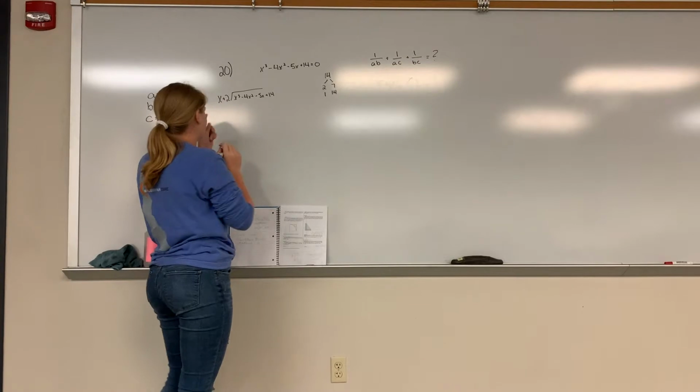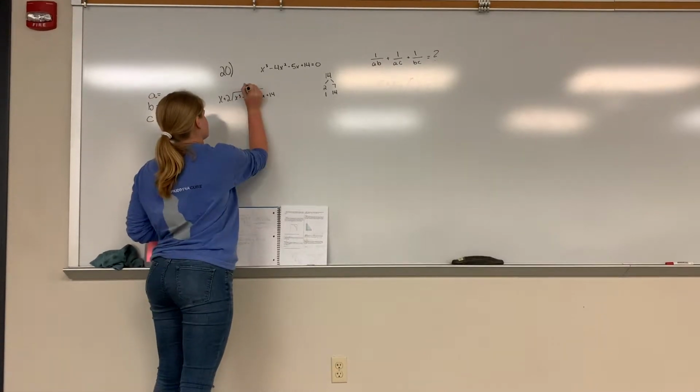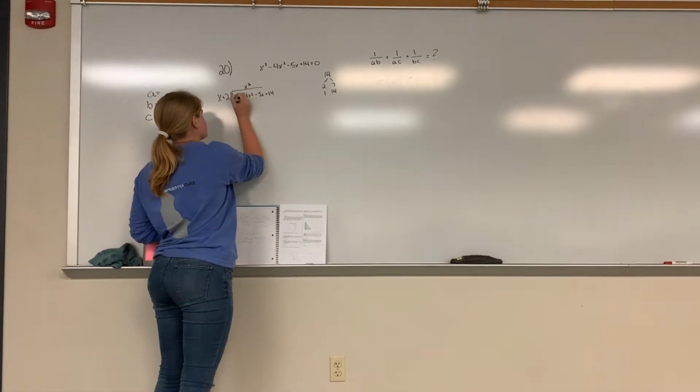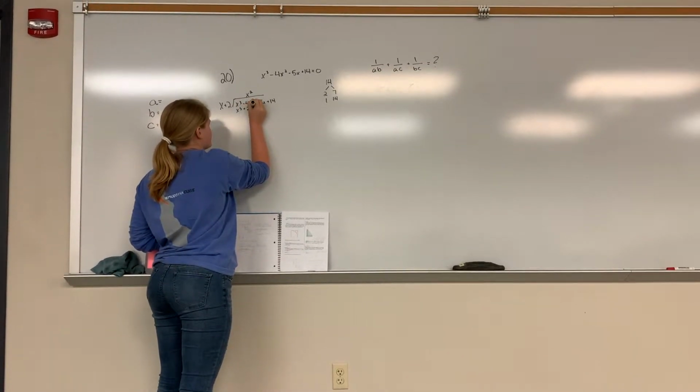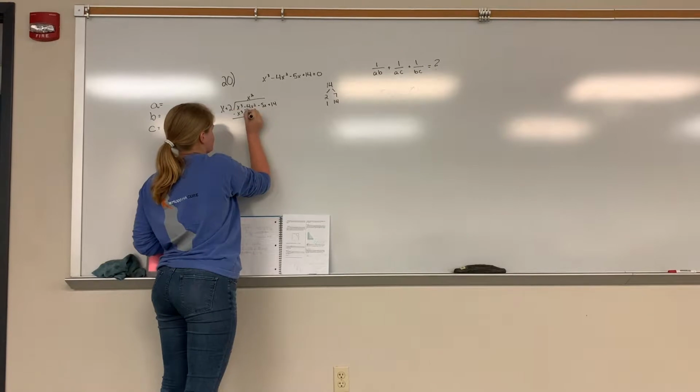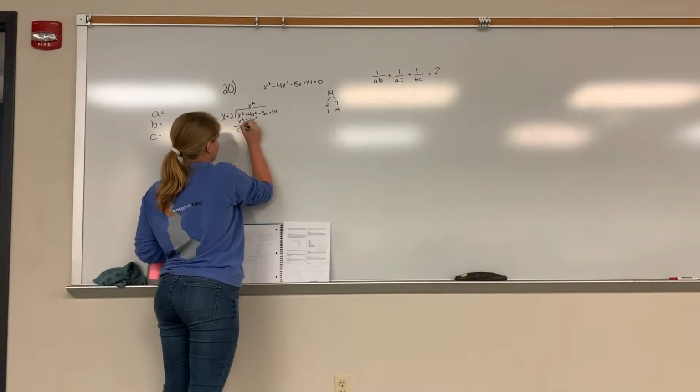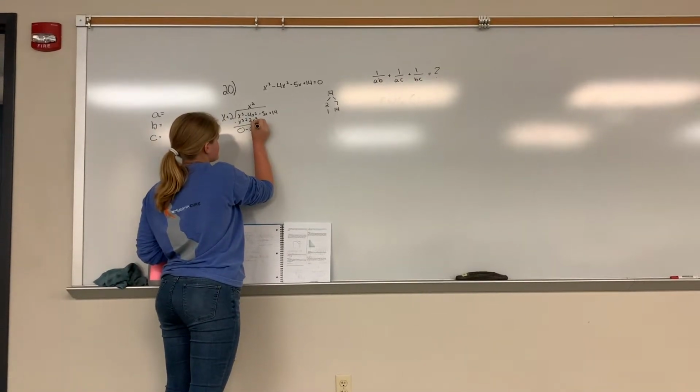Then what makes x cubed? You can do x squared. So that's going to be x cubed plus 2x squared. Subtract those, you get 0 minus 6x squared.